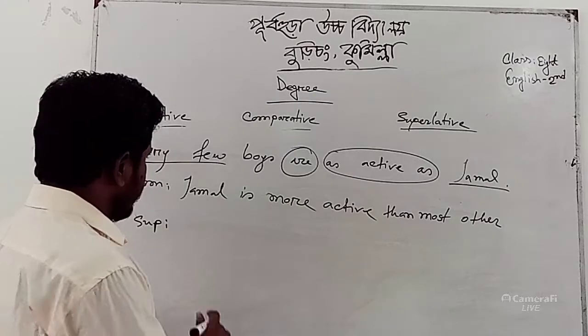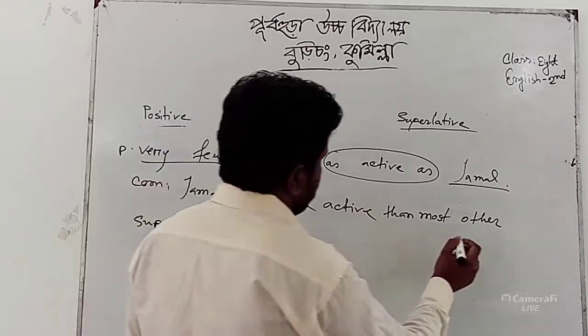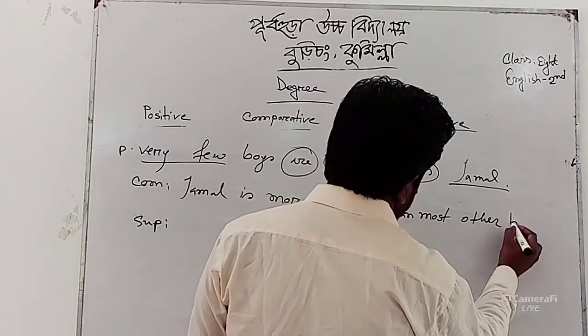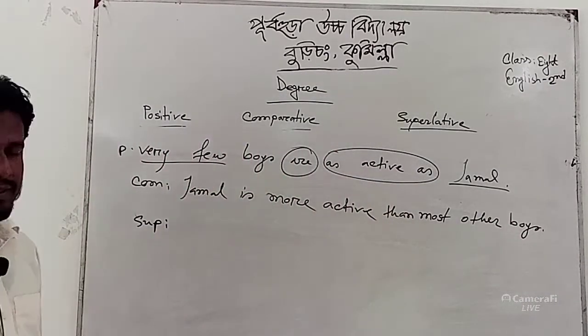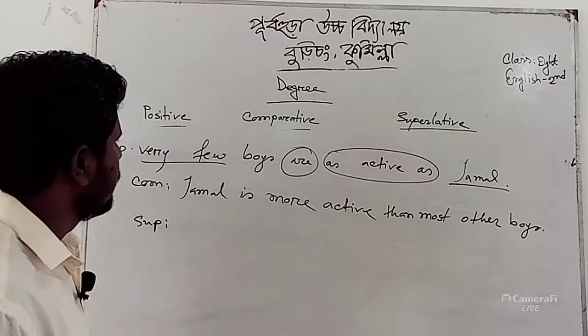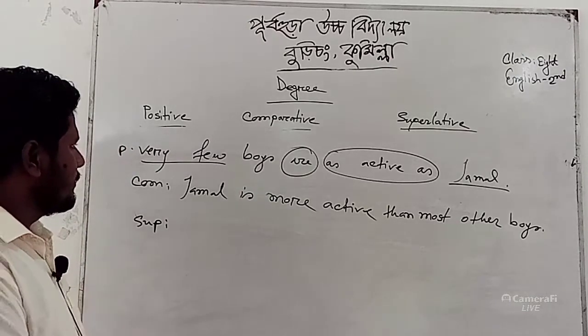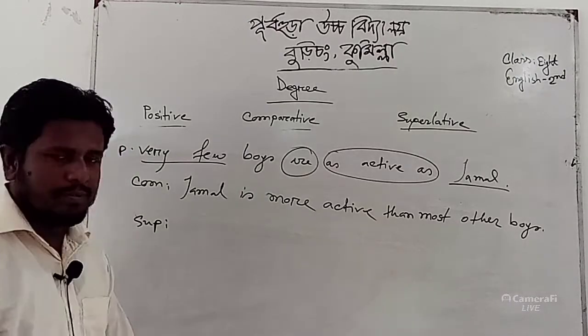So dear students and learners, Jamal is more active than most other boys. This is the criteria you can follow to change from positive degree to comparative one.